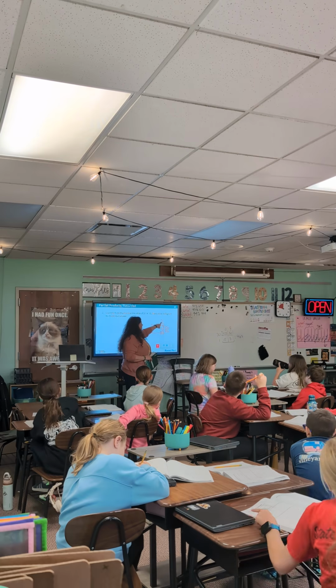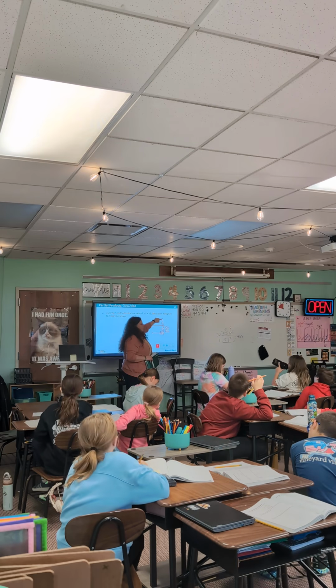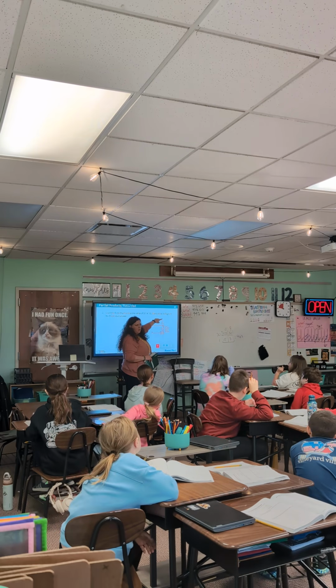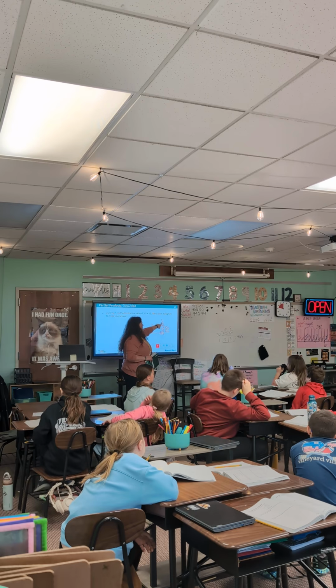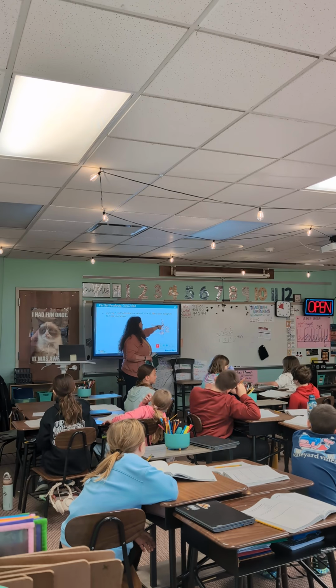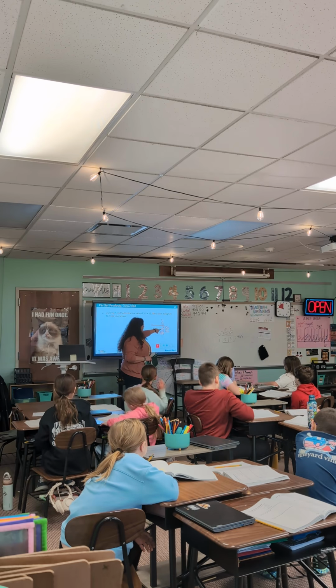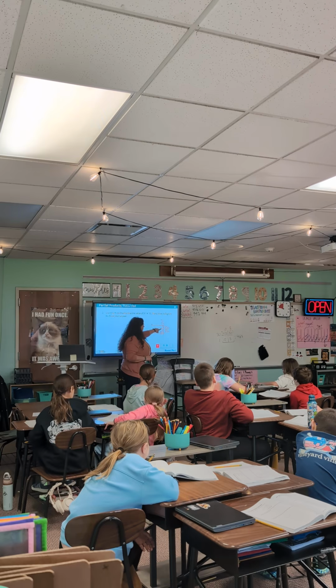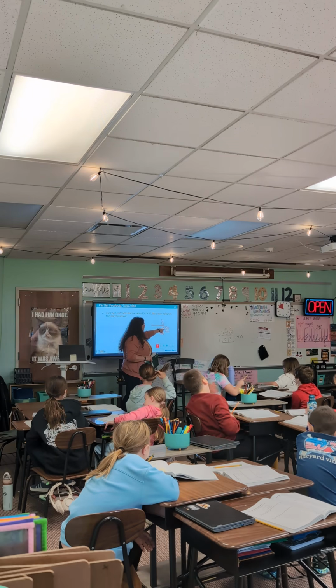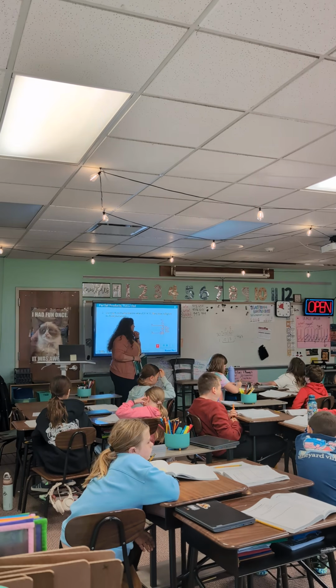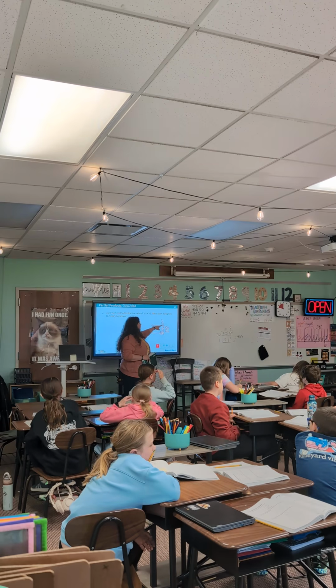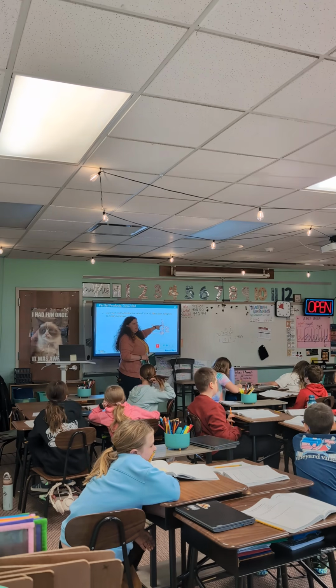So 5 times 30, because is it 5 times 3 or 5 times 30? That's right, because this 3 is in the tens place. So this is really 5 times 30. So that's 150, which Piper showed us here and wrote the expression as well. And then we can't forget about this lovely 1. Is that a 1?